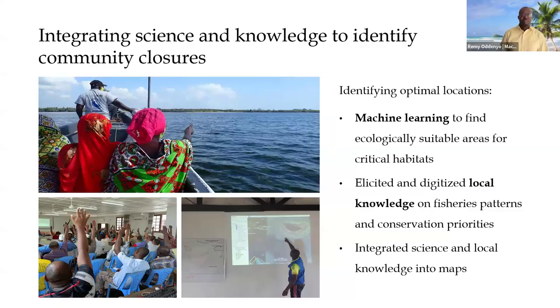One of them was using very advanced tools such as machine learning to map the condition of these three critical habitats, which is coral reefs, seagrass, and mangrove, and also integrate seascape connectivity between these habitats, and also integrating the local knowledge by eliciting what their priorities are, and including that in the prioritization to be able to decide which areas are suitable for closures. We undertook governance surveys to evaluate capacity.